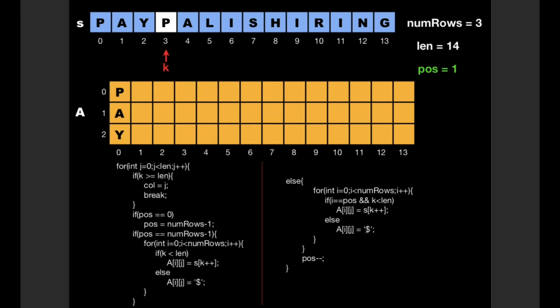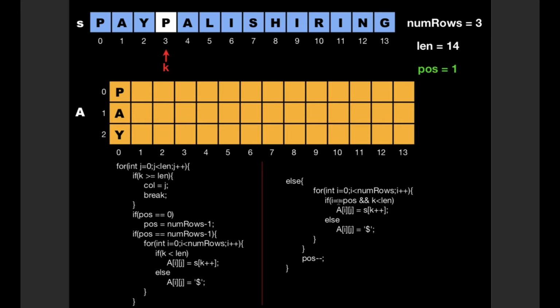The logic behind this code is that during insertion in every column, if the value of position is not equal to number of rows minus 1, then we only insert the character at that row, or the value of position. So here in the else condition, initially the value of position is not equal to i.